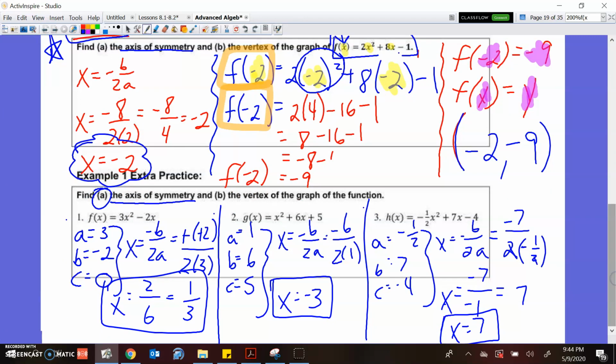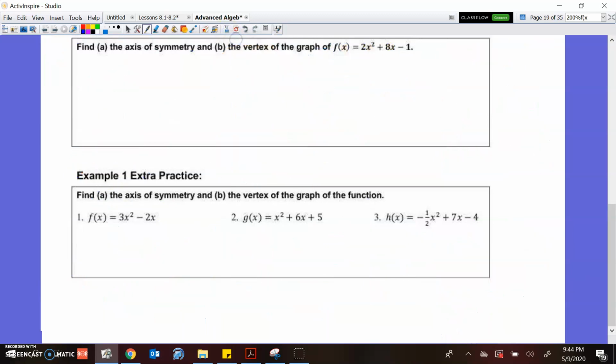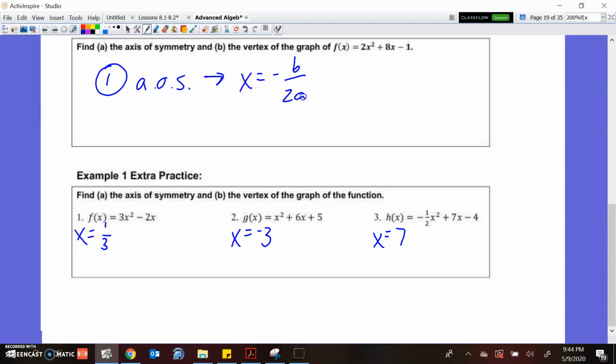So now on these bottom ones, there's a lot here. It was 1/3, negative 3, and 7. X equals 1/3, x equals negative 3, and x equals 7. So first step always to find your axis of symmetry. And to do that, you do x equals negative b over 2a.